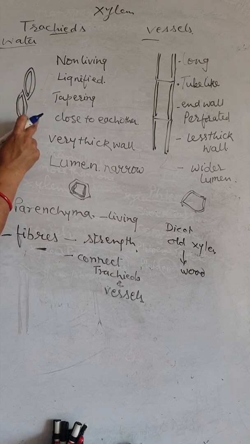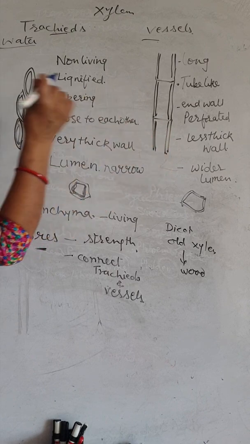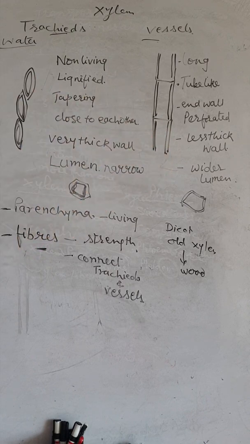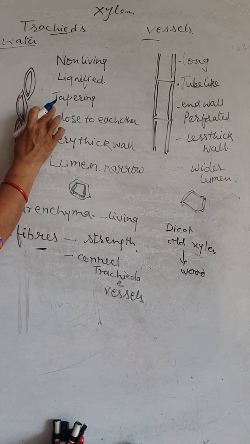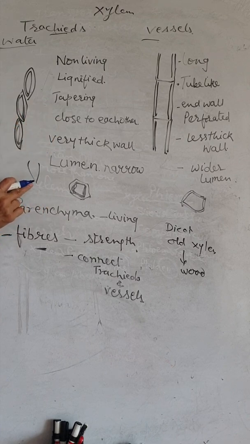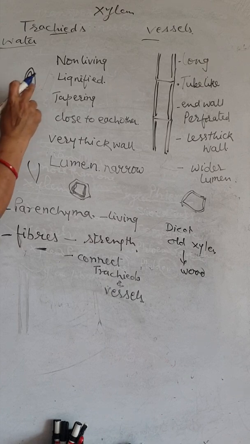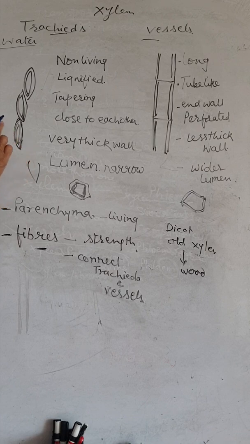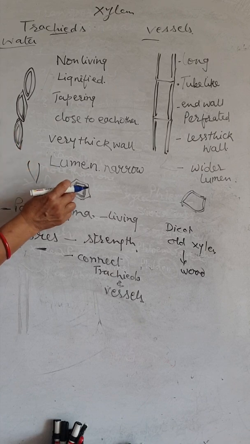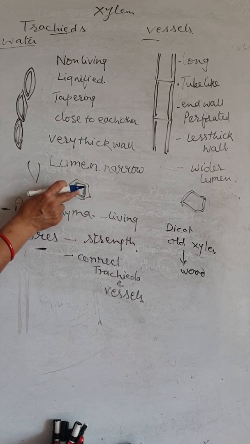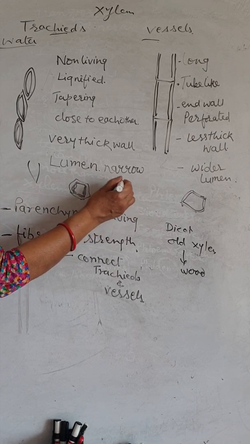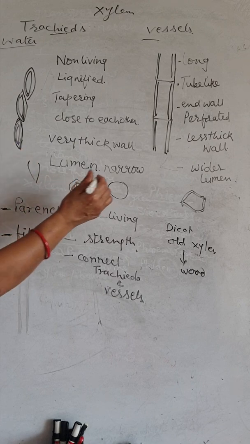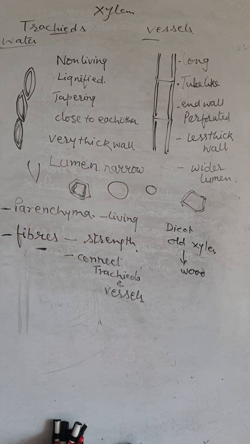Lignified means lignin is deposited there. They are tapering, which means narrow at the end, close to each other. Their wall is very thick. The lumen means the space in the middle. For example, we have seen the gel pen refill and the ball pen refill.